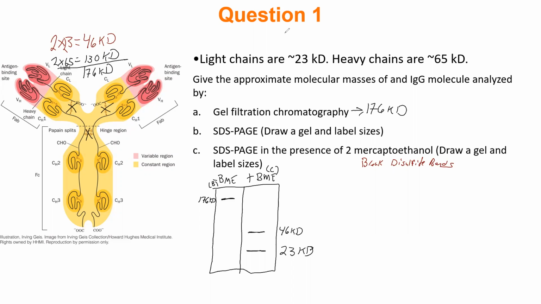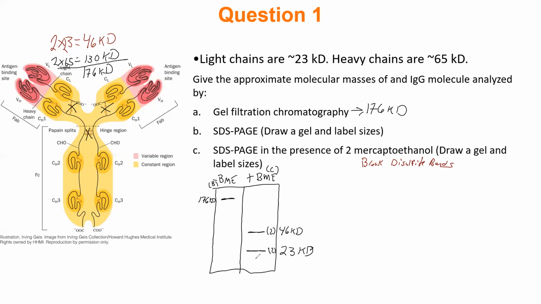Would you not expect each light chain and heavy chain to move separately? They do, but they weigh the same, right? Since they weigh the same, they would appear at the same spot on your gel. So yes, I would expect two light chains here and two heavy chains here, but I can't distinguish them if they are the same weight. That's a drawback of SDS-PAGE: if you are running multiple proteins that have the same exact weight, you can't distinguish them.